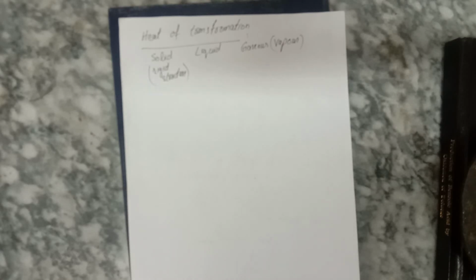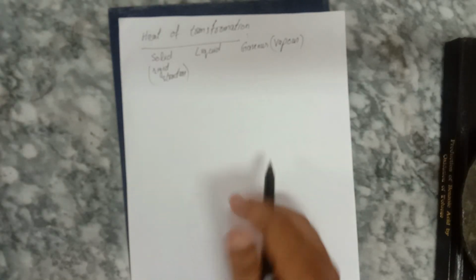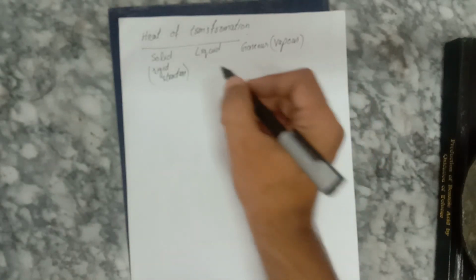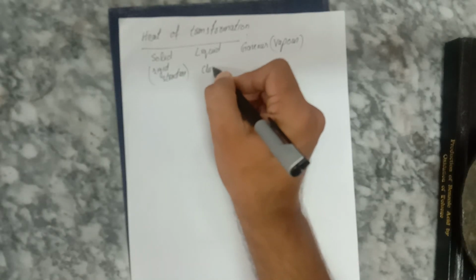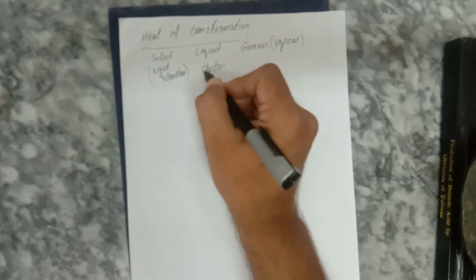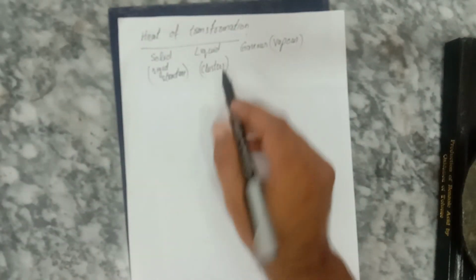They may form brief clusters, but the sample doesn't have a rigid structure and may settle into a container. So solids have rigid structure and liquids don't have rigid structure, but they may form clusters.